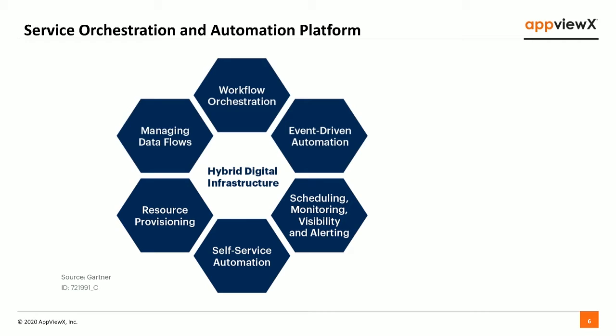And automation, right? So in a SOAP platform, there is definitely workflow orchestration, which basically talks to different systems, REST API and all that, and then based on that, it takes decisions and acts on it. Then there is event-driven automation, which is based on a specific task or specific activity.